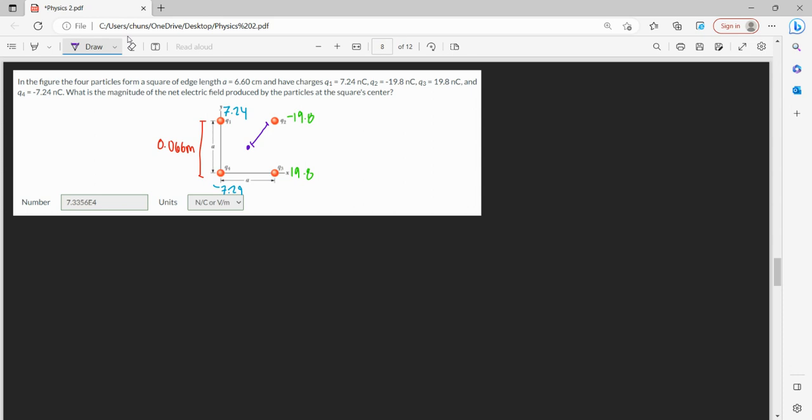So we're going to start with that. So our very first step, find separation distance. And when we do that, we know that each of our side lengths is equal to 0.066 meters.